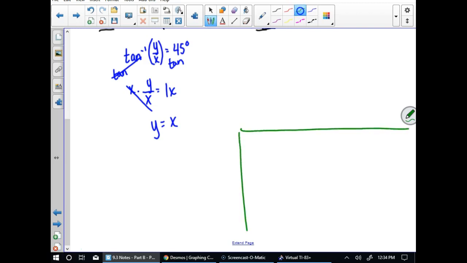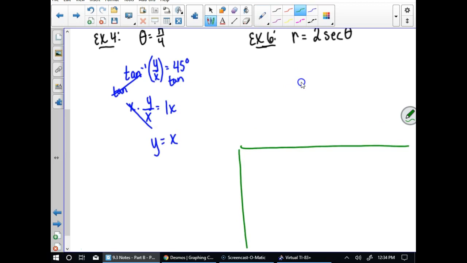Okay, so there are 3 things that we use that are the reciprocals of sine, cosine, and tangent. So, we know that sine of theta is your opposite over hypotenuse.